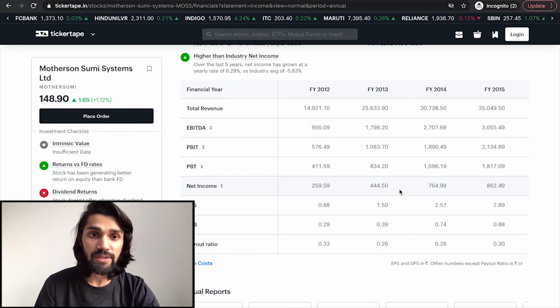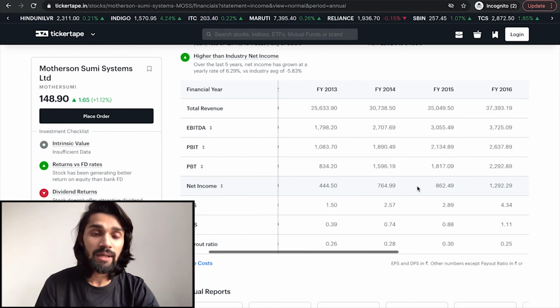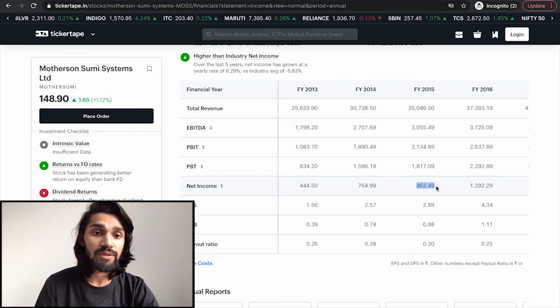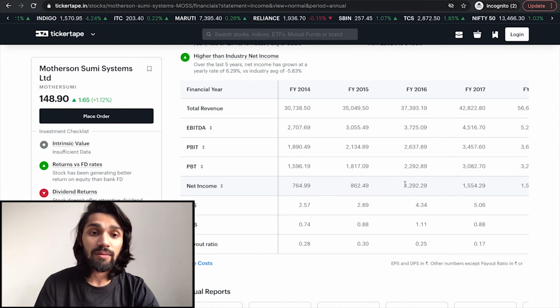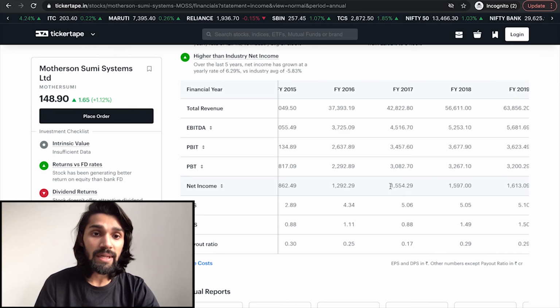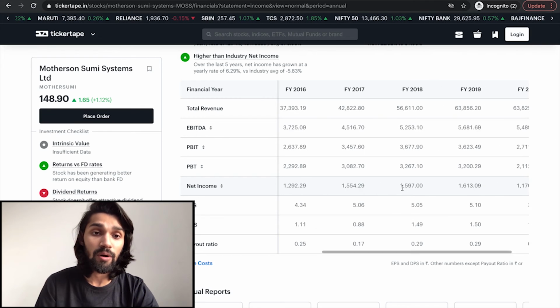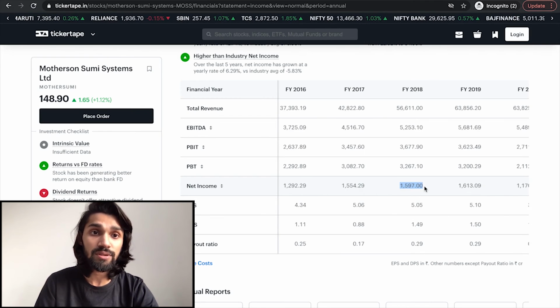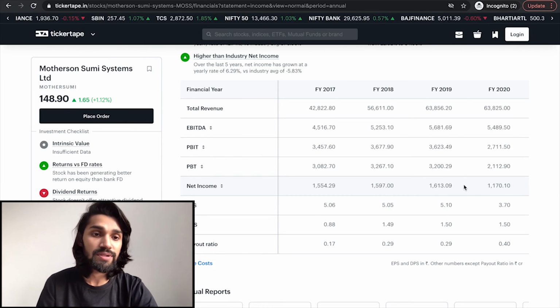That's an increase, which is good. 2014, it has again increased to 764.99 crores, very good. 2015, it again increased to 862.49 crores, very good. 2016, it approximately had 1300 crores, which is again a growth, which is good. 2017, it grew more than 1500 crores, which is again good. 2018, it almost touched 1600 crores, very good. And 2019 also it had 1613.09 crores.